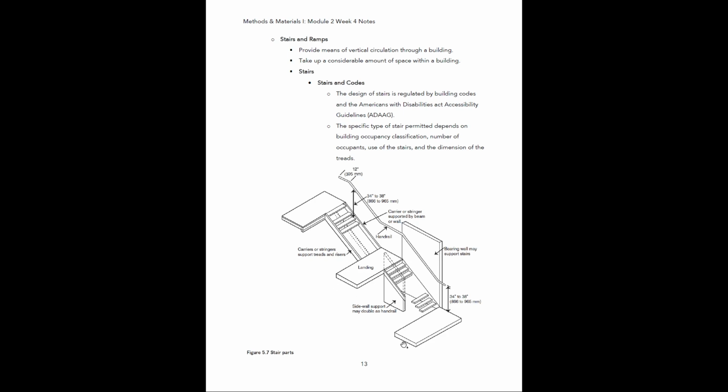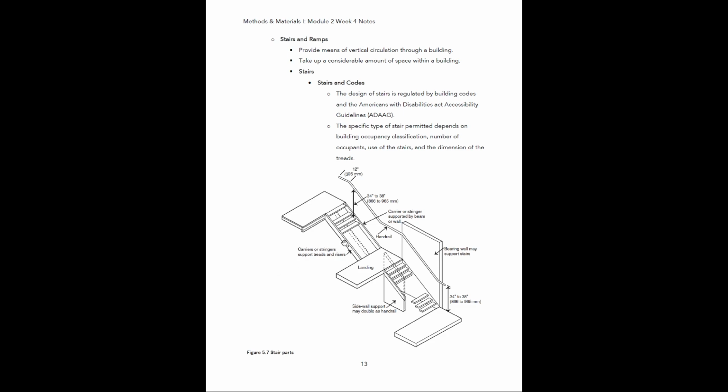So we have our first floor and then our second floor, and then this is the landing between them. And then any portion between a landing and a floor is a stair run. You can see we have one straight run here, and then we have another straight run here that gets us up to the top.